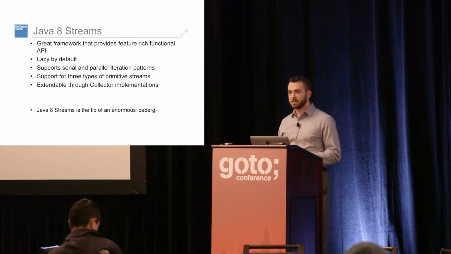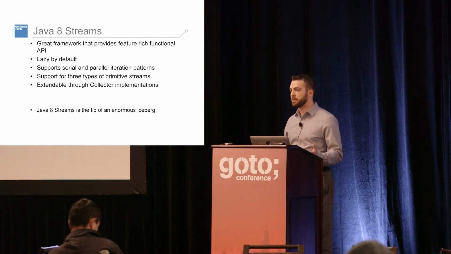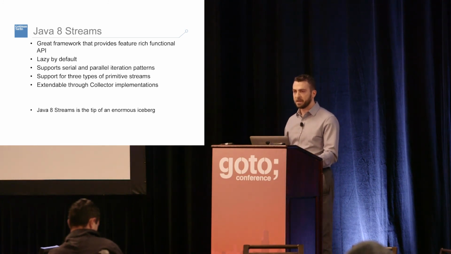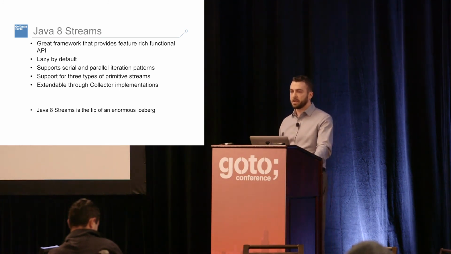But overall, I would say that the streams API is really just the tip of the iceberg. There's so many more features that we want, and you give me an inch and I want a mile. All of these things are features that are either in GS Collections or other collections libraries that are out there. And I think it's important to think about, in future versions of Java, how can we advance this API even further?